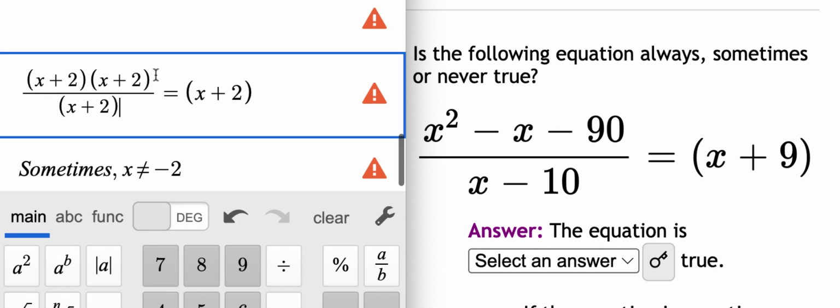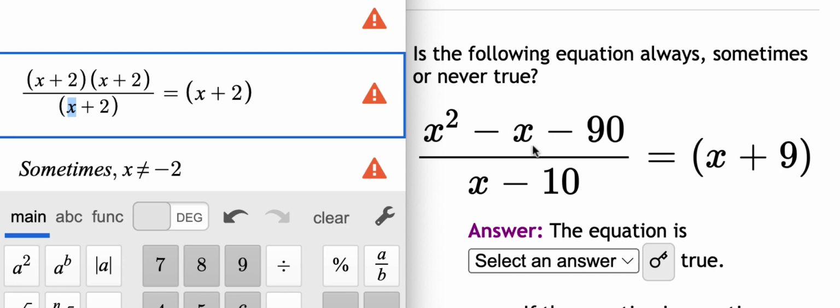So if you ever have an original question like this that has x in the denominator, you need to start thinking critically about what value or values of x it cannot equal, which might create a 0 in the denominator. In this case, I would not want to have a negative 2 here, because negative 2 plus 2 gives you 0, and you cannot divide by 0. So that one individual number ruins it from you being able to say always. That's why we say sometimes, with x not equal to negative 2.